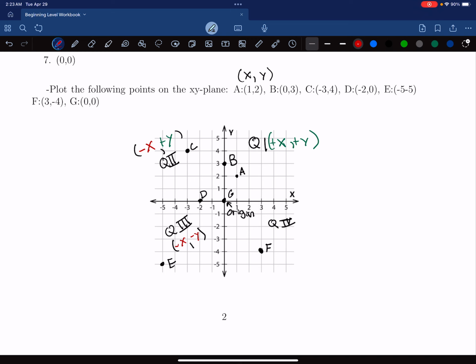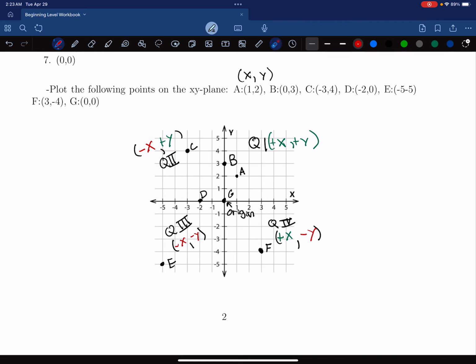And then last but not least, looking at quadrant 4, all of our x terms are going to be positive, but our y terms are all negative. So we're going to have the general point of positive x and negative y.